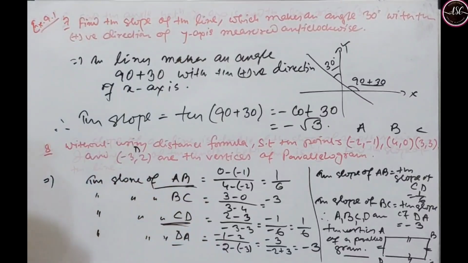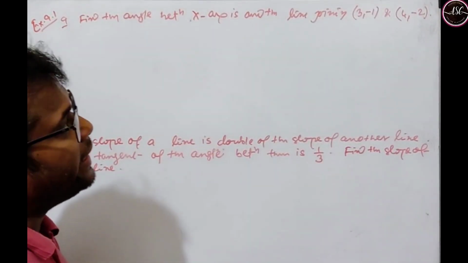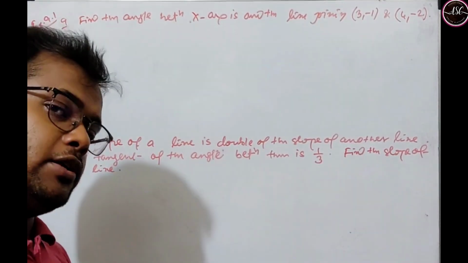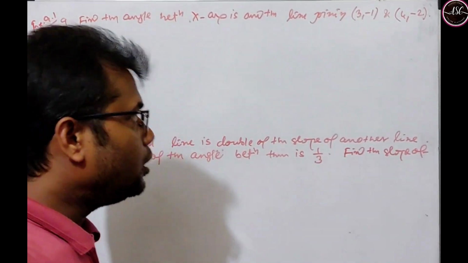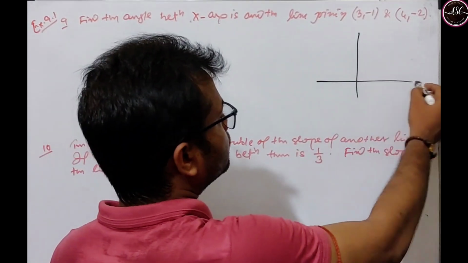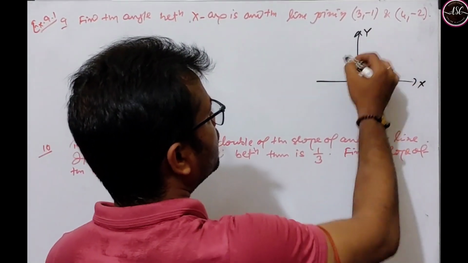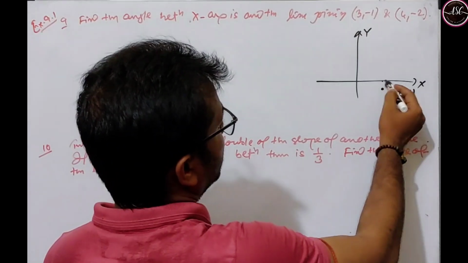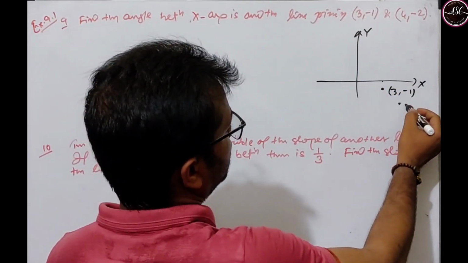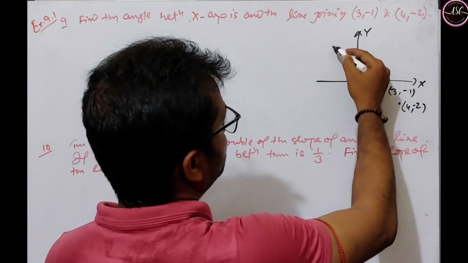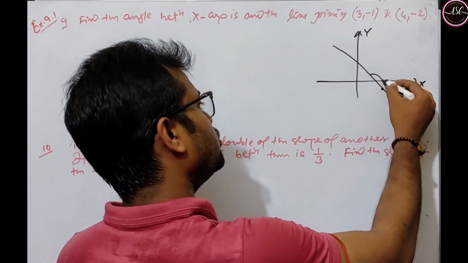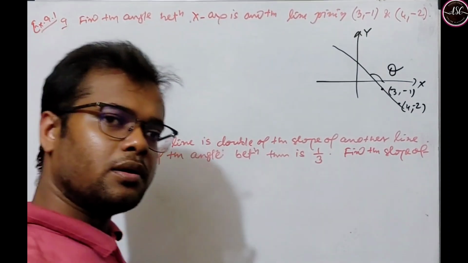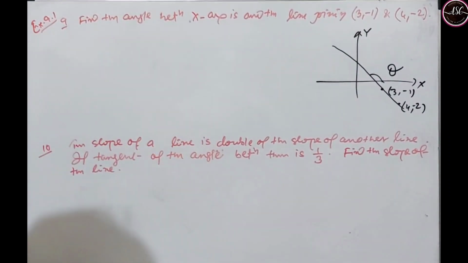Now look at this question. Find the angle between the x-axis and the line joining (3, -1) and (4, -2). This is the x-axis, this is the y-axis. Just draw the points 3, -1 and 4, -2. So this line is like this, and this is the inclination of the line.